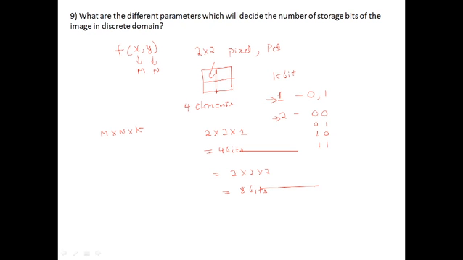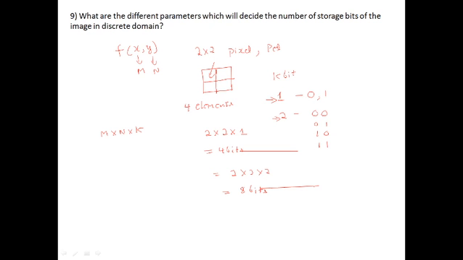If they have given that the image has 256 levels of color, it indicates 256 equals 2 to the power of k. We take the log of this: log of 256 equals k into log of 2. So k equals log 256 divided by log 2, so that would be k equals 8. So there will be 8 bits.